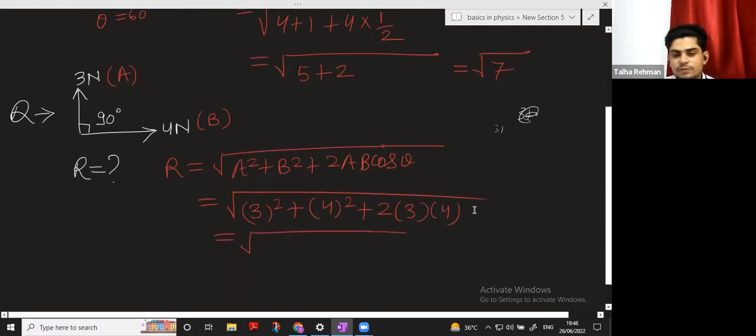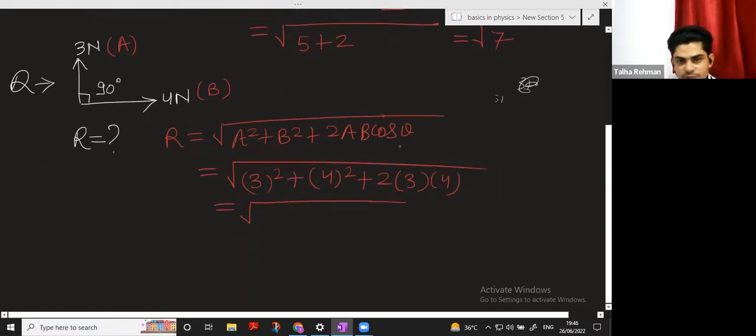Oh, one thing more. Here is cos theta and here is cos 90, and cos 90 is 0. So this is 3 3s are 9, 4 4s are 16 and this will be 2, 3, 4 multiplied by 0.